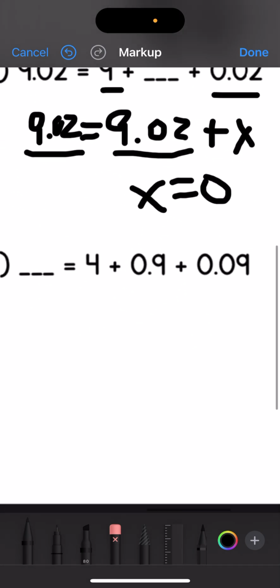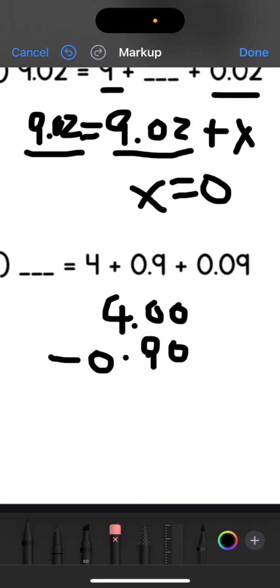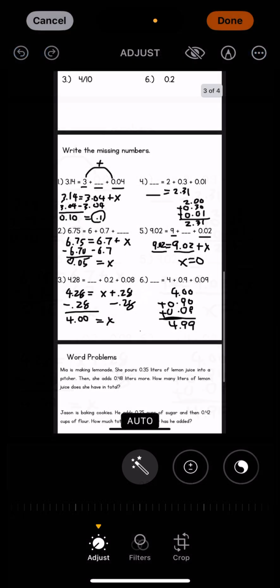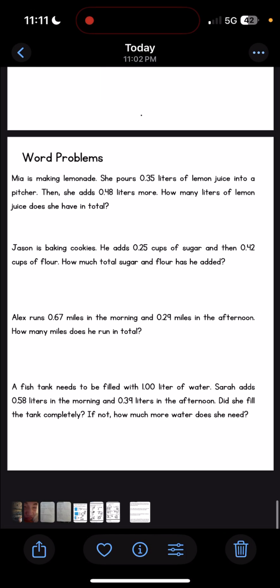This one we'll just add 4 and 0.9, and we'll add 0.09, and we get 4.99. Let's move on to word problems.